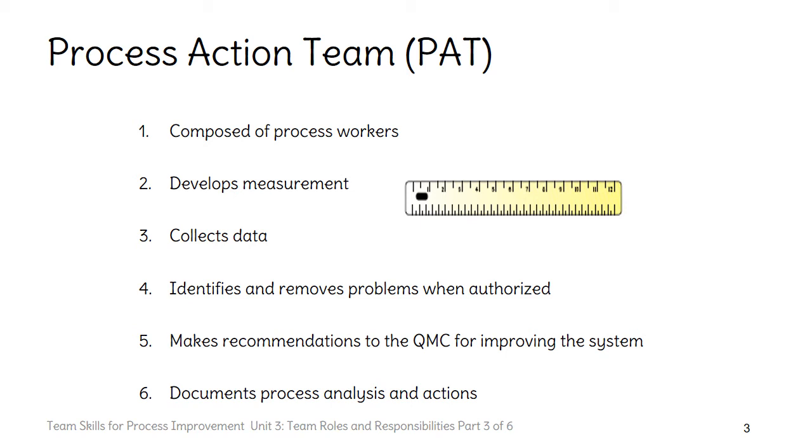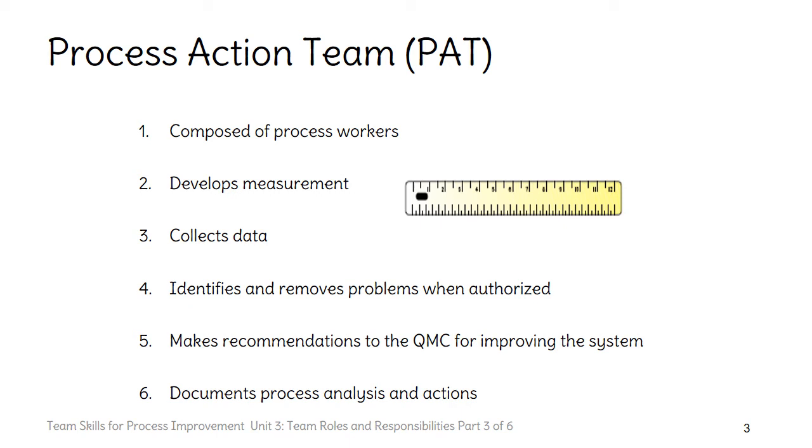Many problems are easy for the workers in the process to spot. The PAT is in a position to immediately and easily fix such problems as long as this is communicated to the QMC and the action does not suboptimize the process downstream.